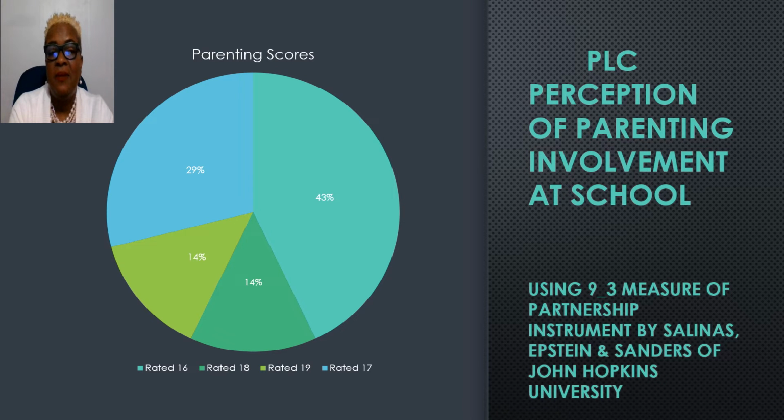Sad to say, 5 out of 7 participants scored less than half. And the sad thing is no one scored more than 20. Therefore, it shows that at this school, there's a lot of parenting involvement to have.